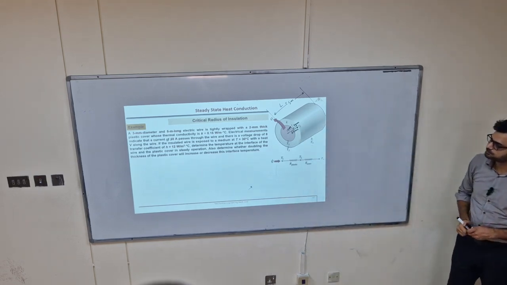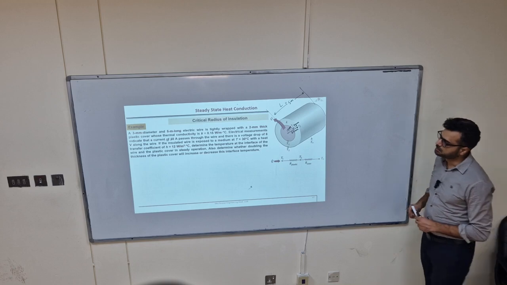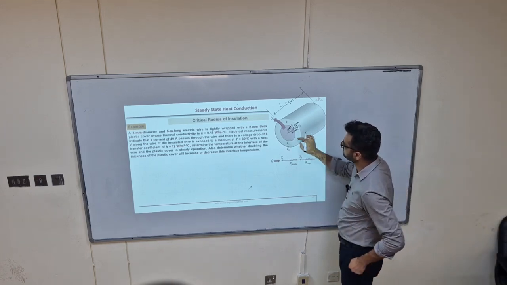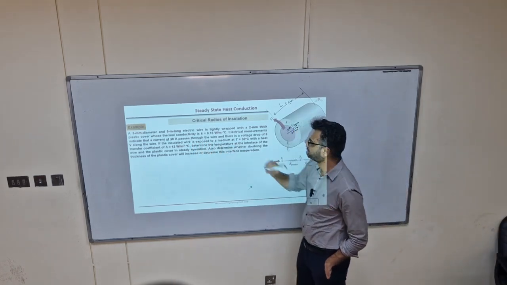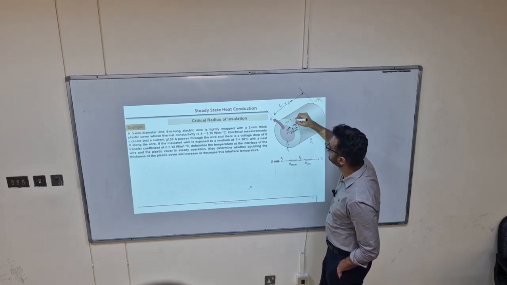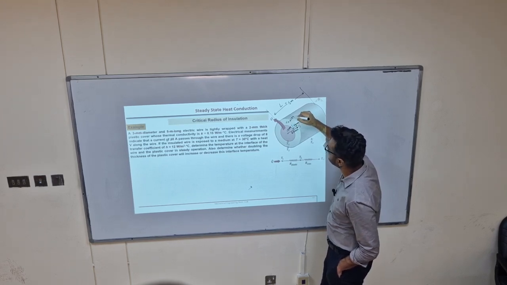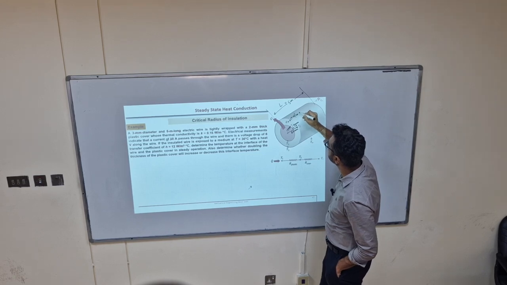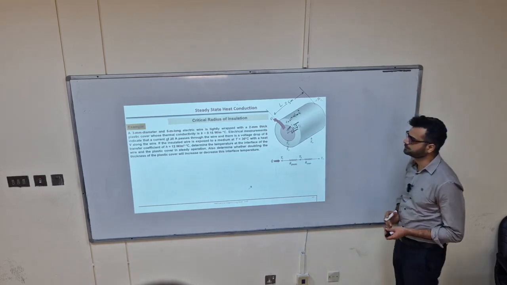Okay. Its thermal conductivity is given. This plastic, which is tightly wrapped around this wire, is 0.15 watts per meter per degree Celsius.